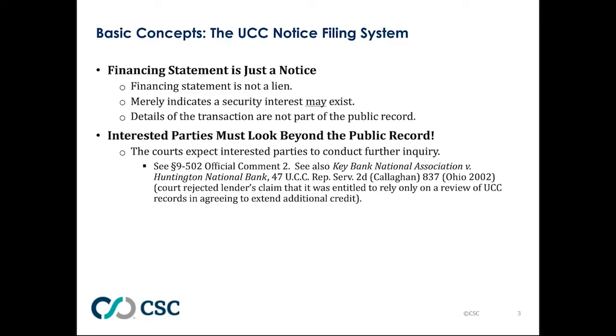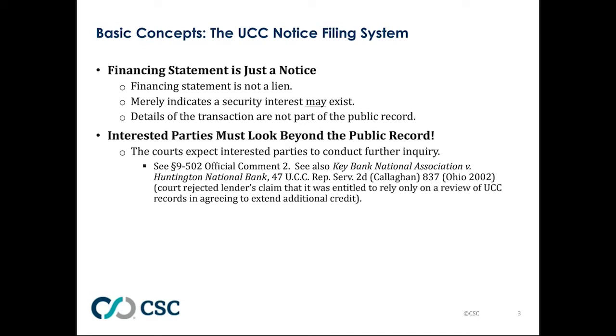I cited a case here, Key Bank versus Huntington Bank, that illustrates this. Key Bank had a blanket security interest on all the debtor's assets and filed a financing statement to perfect. Later, Huntington Bank financed the debtor's acquisition of 3 specific pieces of equipment on a purchase money basis, and they filed a financing statement that described the collateral as simply equipment.